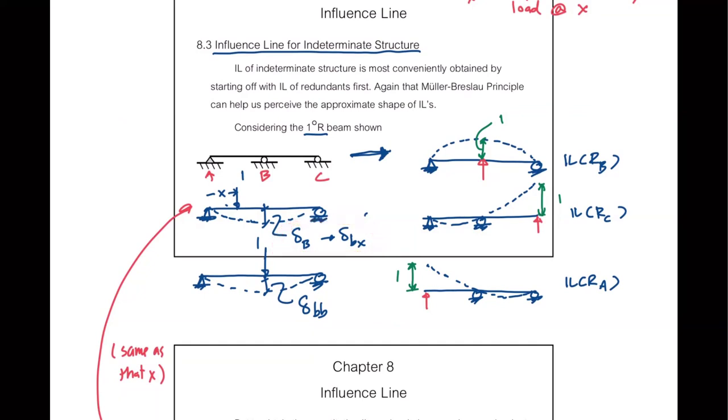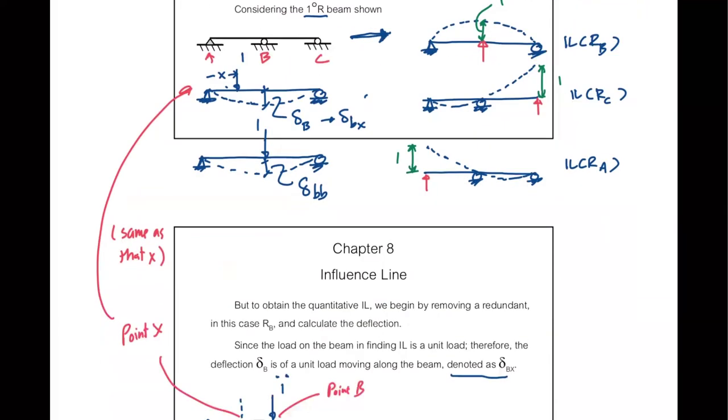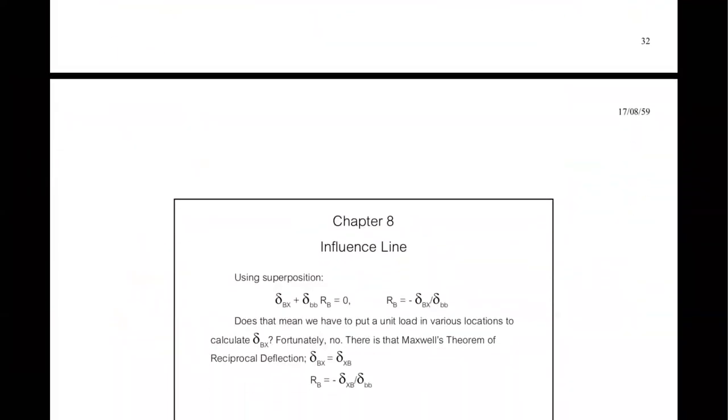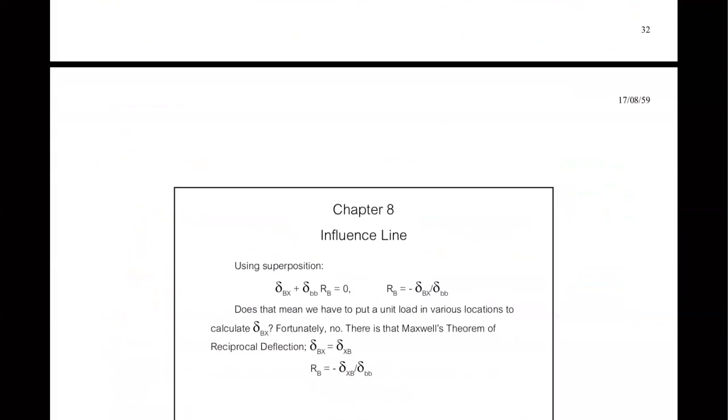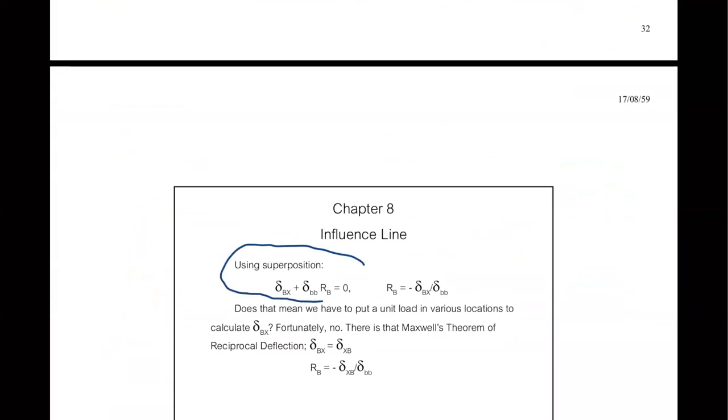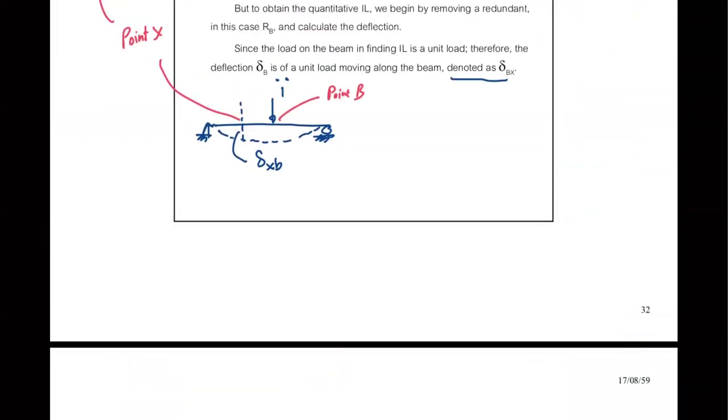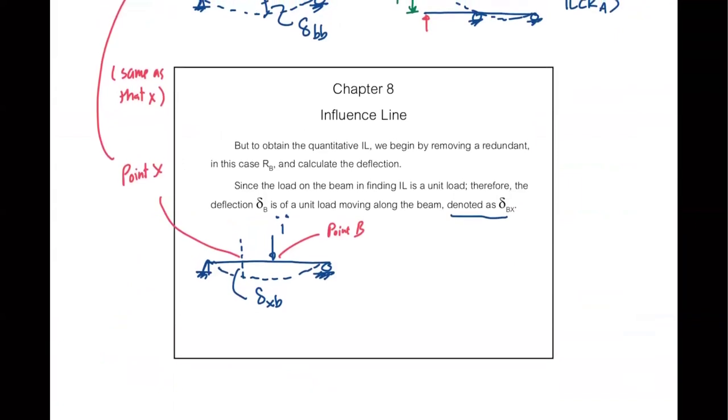The only way to get RB is by using superposition, along with the unit load right here, that's delta BB. In order to get the magnitude, you need to use superposition, right?